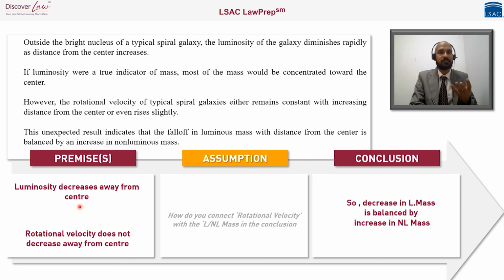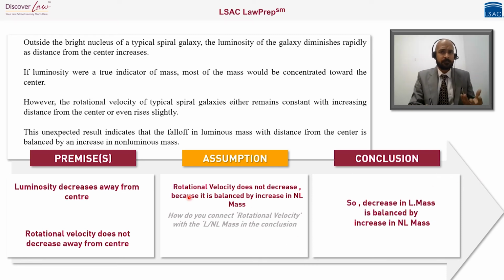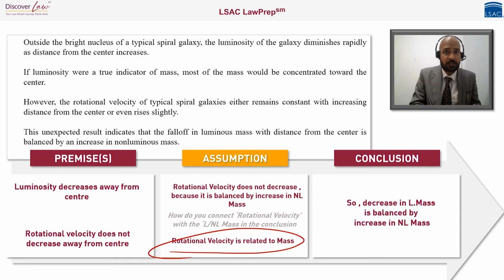The only way you can arrive at this is if somewhere there's a connection drawn between rotational velocity and mass. So you can say that rotational velocity does not decrease because it is balanced by an increase in non-luminous mass. Or in other words, in some way rotational velocity is related to mass, even if you cannot think of it to this extent.